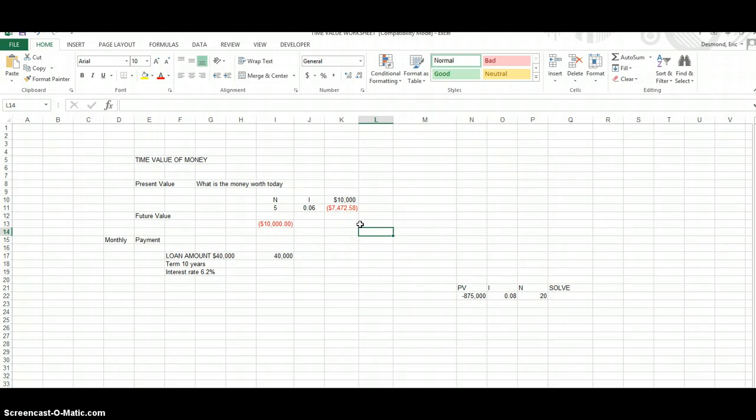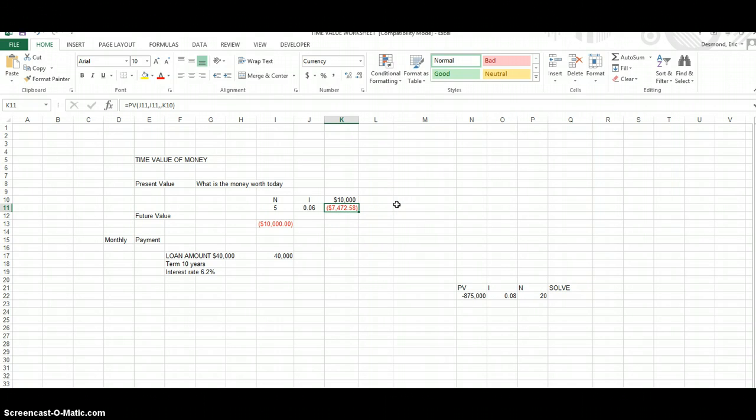The reason why it comes out as a negative is because if you put in a positive 7,472.58 like we did, it's going to come out the opposite, as negative 10,000. When you're dealing with a future value situation, you want to think of it as an investment.